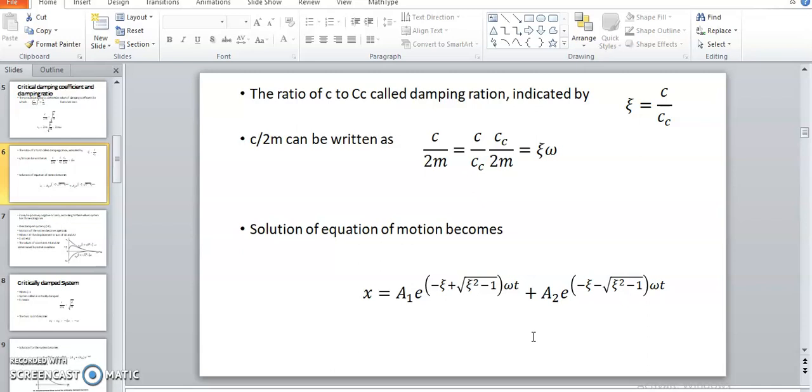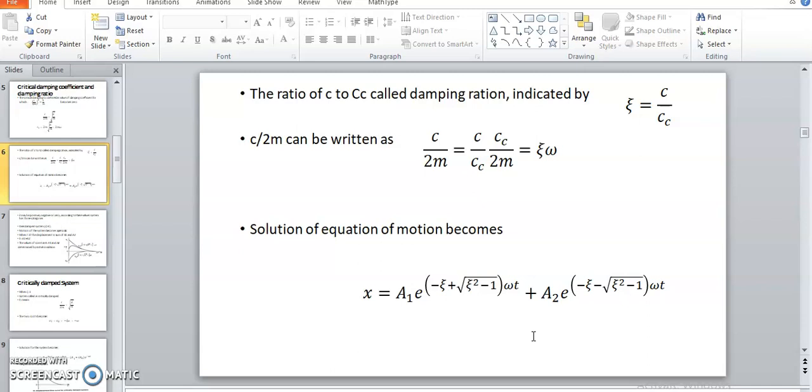Now if we write this solution in terms of zeta, which is nothing but the damping ratio, that zeta again has three cases.